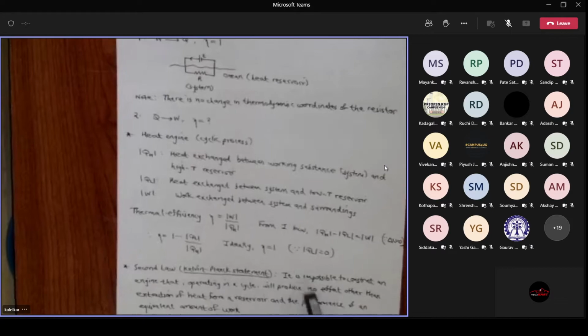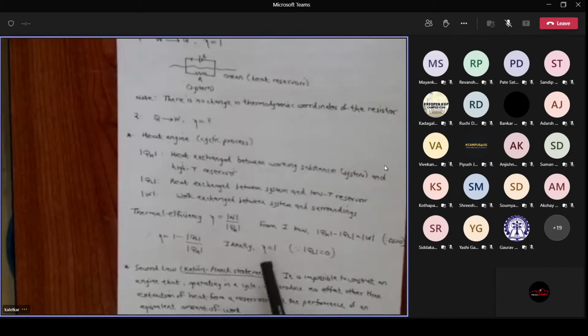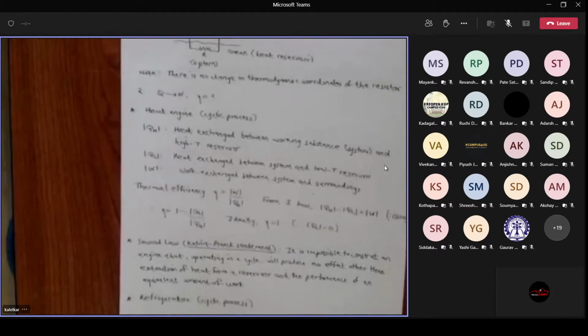But this law says that it is impossible to do that. So you cannot have this case as per the second law of thermodynamics.